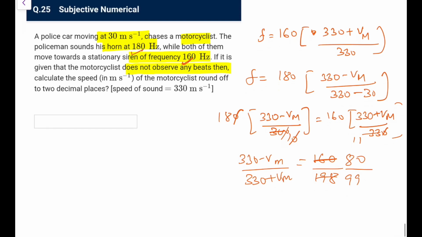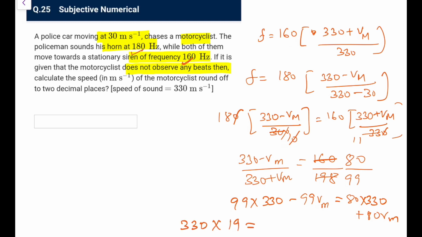So 99 into 330 minus 99 Vm is 80 into 330 plus 80 Vm. If you do this, I'll take 330 common, 99 minus 80, that is 19, and 99 plus 80, that is 179, of Vm. So V of motorcyclist would be 330 into 19 upon 179.